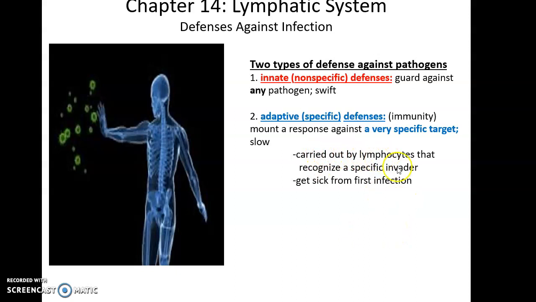And these are carried out by lymphocytes that are able to recognize the specific invading pathogen. And unfortunately, usually the first time we are exposed to and suffer from this type of infection, we get sick. So we develop the immunity maybe only after getting sick.